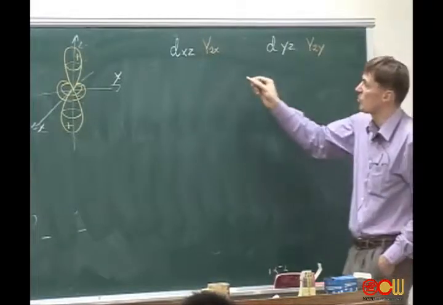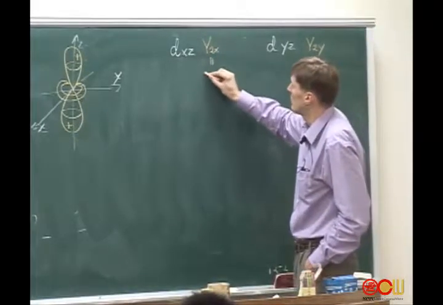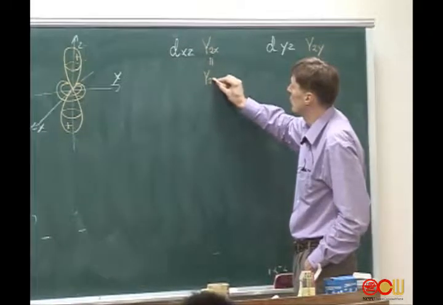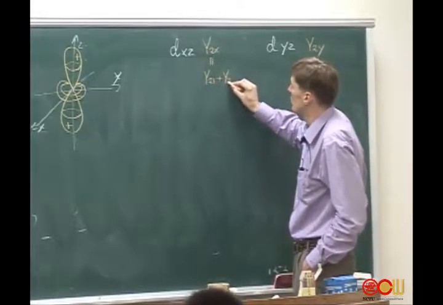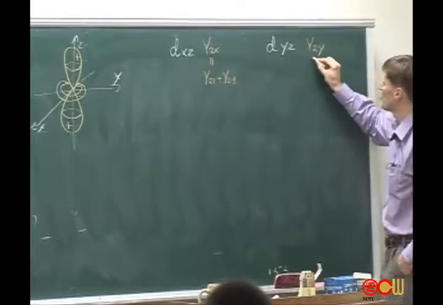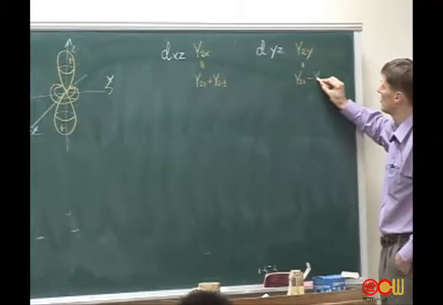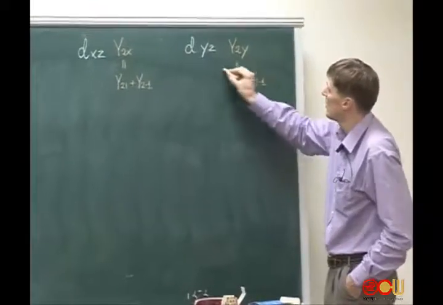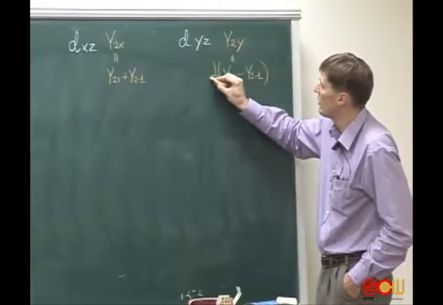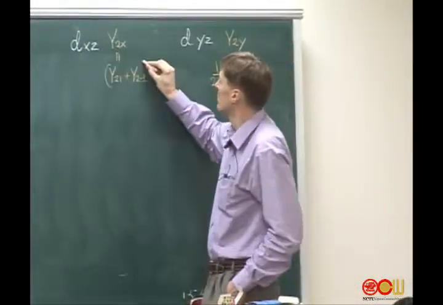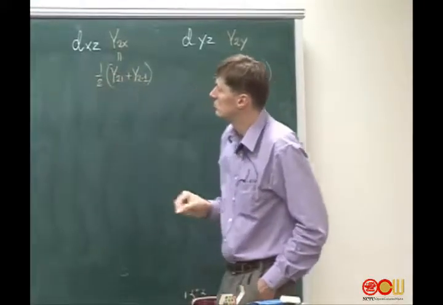Again, as you probably expect, this one will be the linear combination of 2, 1 plus 2, minus 1, and that would be the linear combination of 2, 1 minus 2, minus 1, and this one is divided by 2i, this one is divided by 2.